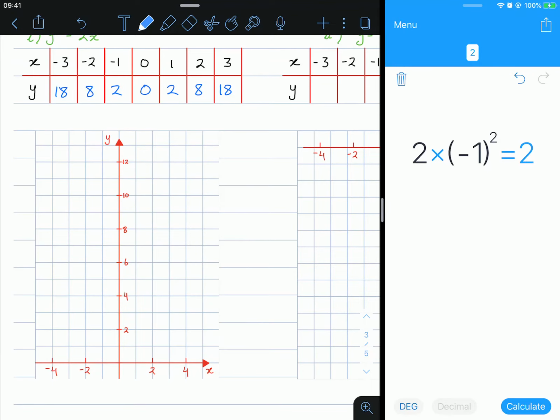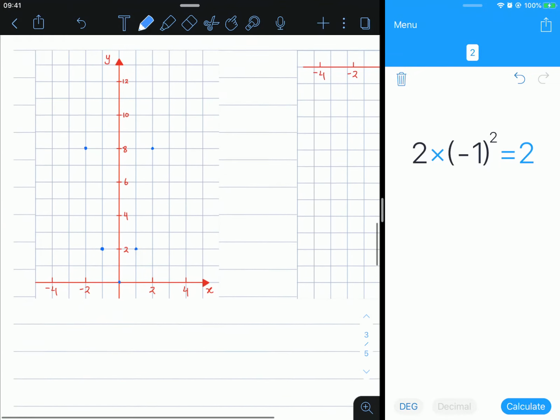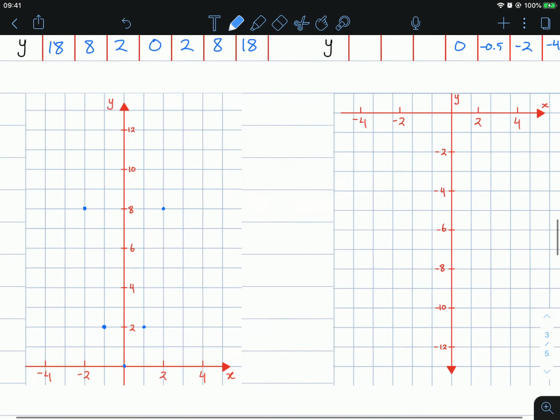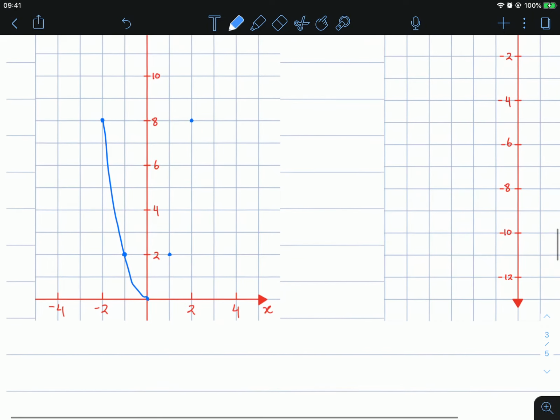So -2, 8, -1, 2, 0, 0, 1, 2, 2, 8. And there is all that we can graph. Trying to draw these as smoothly as we can into a curve, like so.